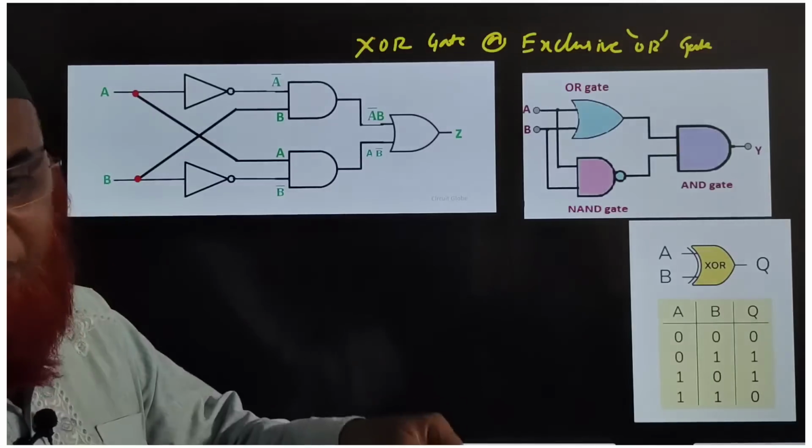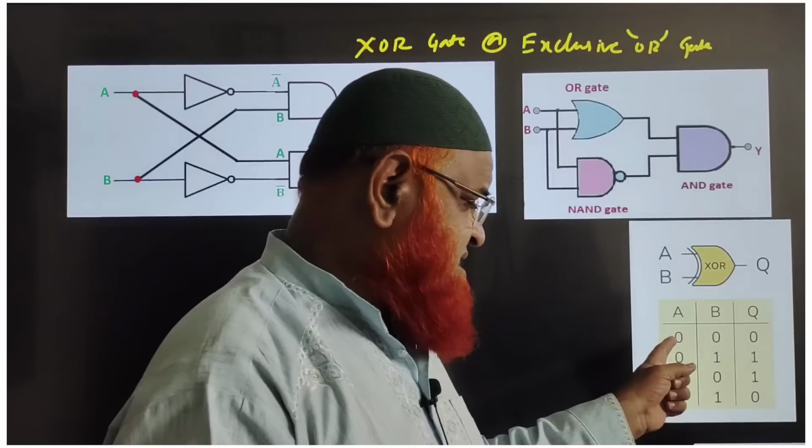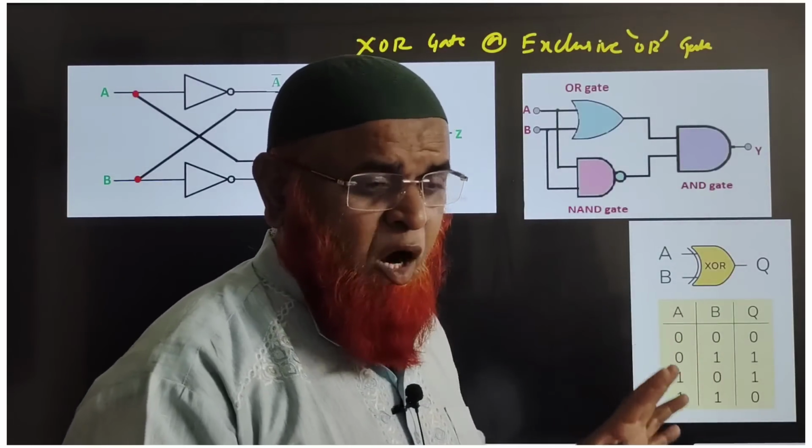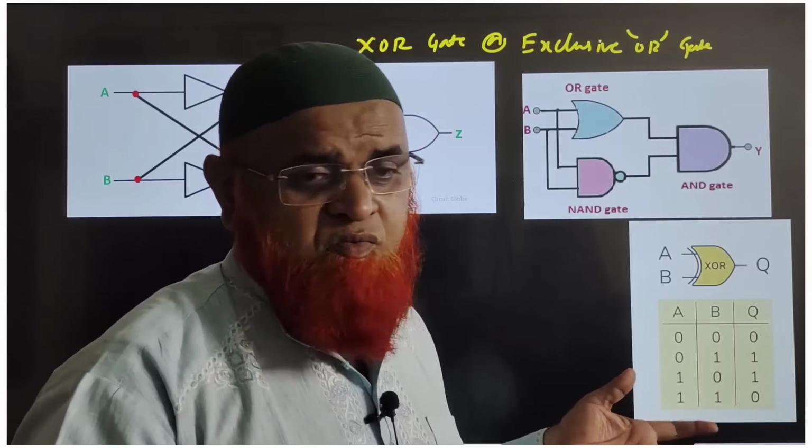It does a logical operation. What is a logical operation? By seeing these inputs, you can understand. When both the inputs are the same, the output is 0. When both the inputs are different, the output is 1.